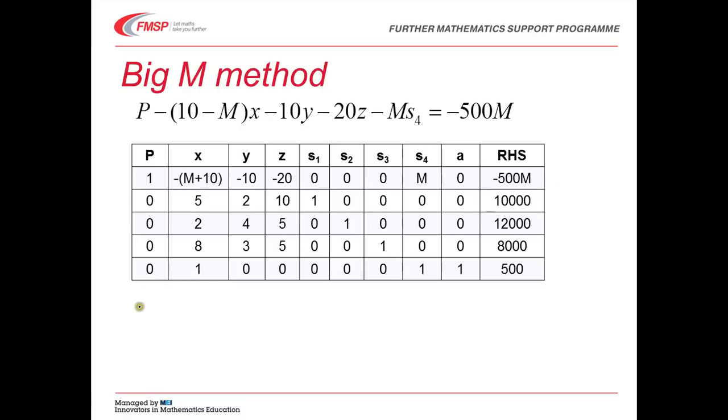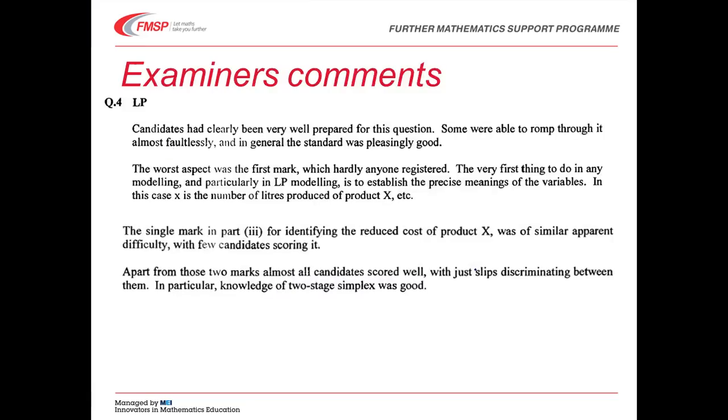In this particular case, what you would do is you would solve as normal, pivoting on x initially, because if m is a very large number, then minus m plus 10 is definitely going to be the most negative. And what you will find is that the right hand side, the m disappears and it all tumbles out if you do it correctly. So our examiner's comments.